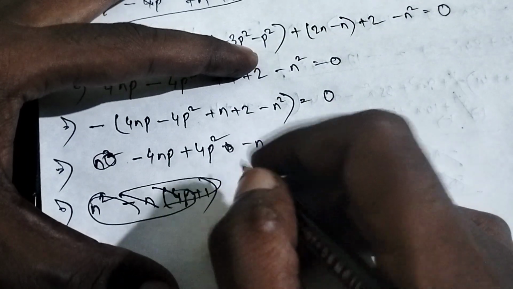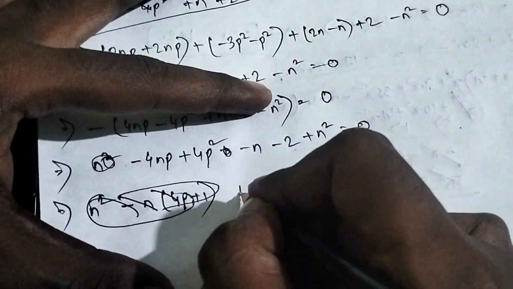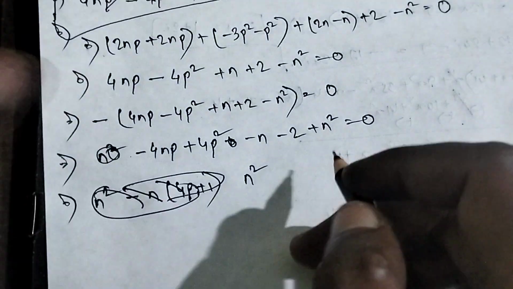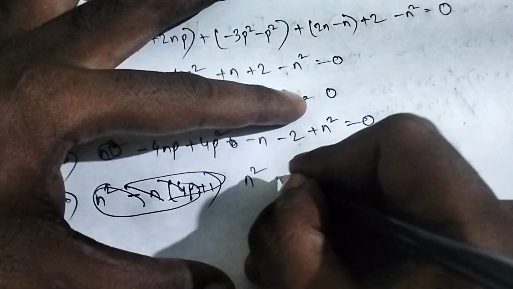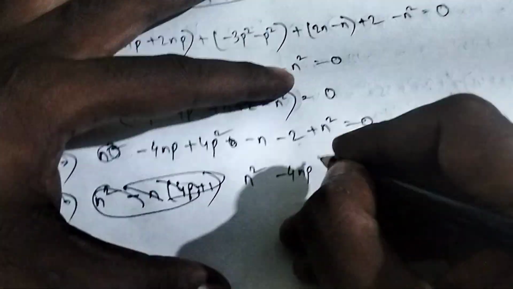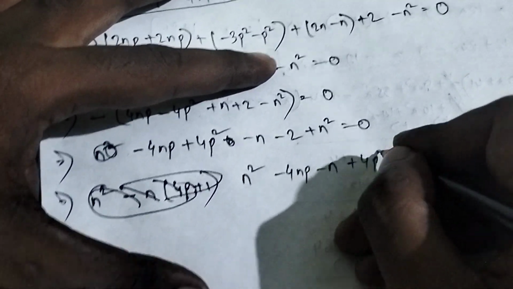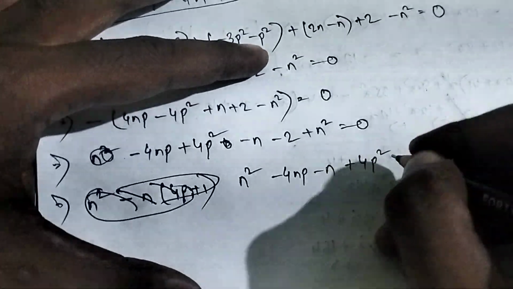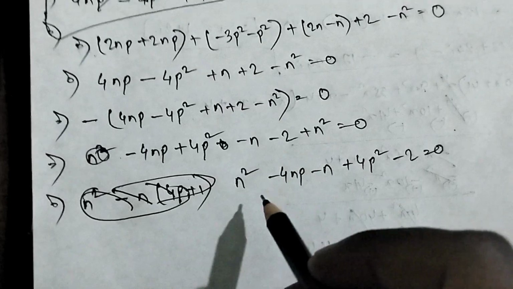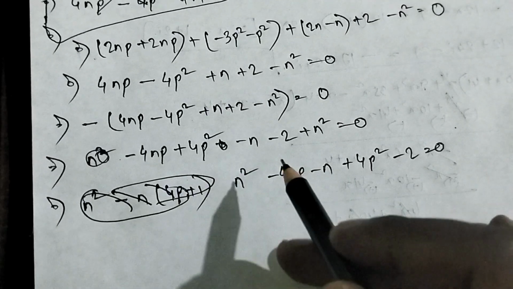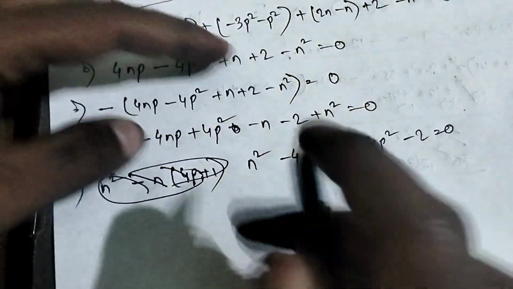Okay, now let me write it in correct way. n square minus 4np minus n plus 4p square minus 2 is equal to 0.